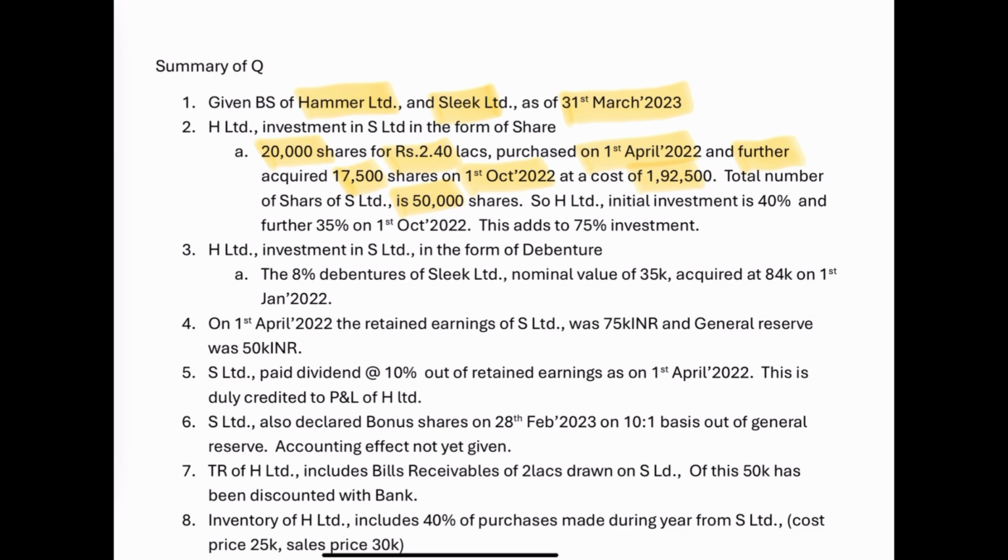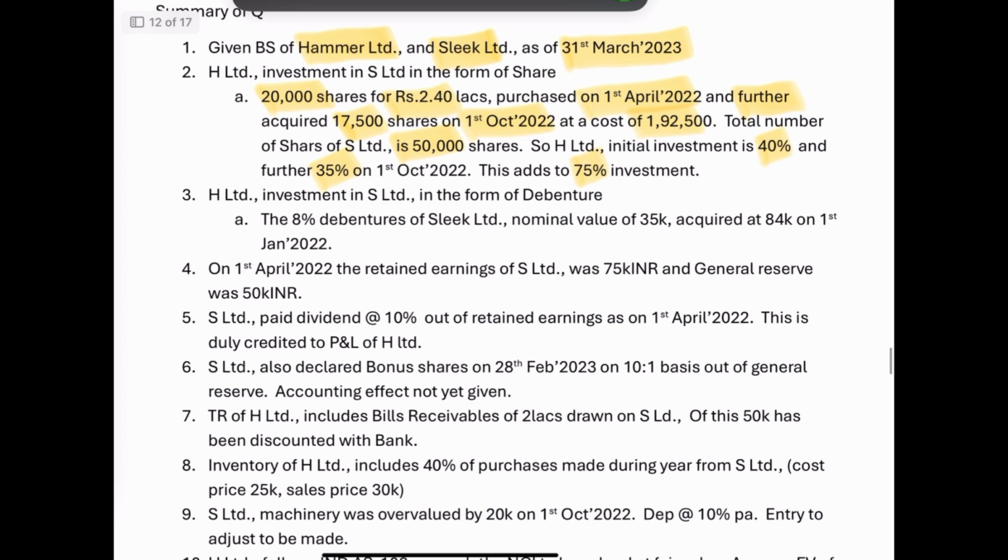Out of 50,000 shares, initially H Limited was holding 40%, that is the 20,000 shares, and then they purchased another 35%, that's the remaining 17,500 shares. So together H Limited holds 75% of S Limited. That's important, so let's understand that.